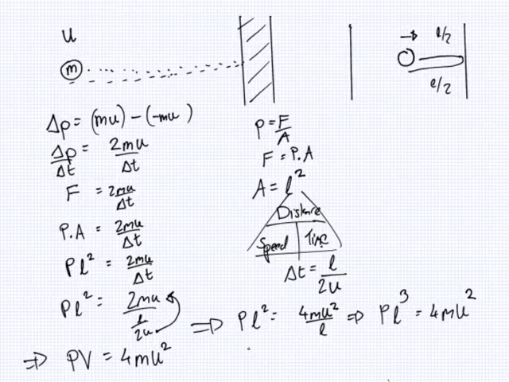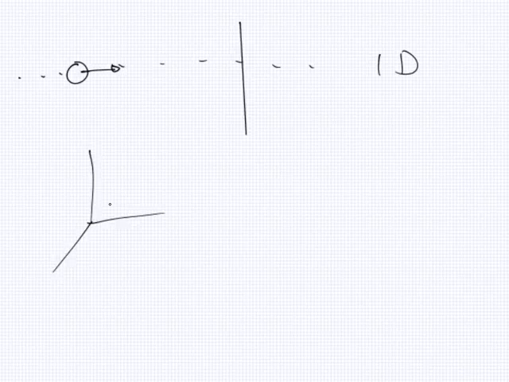A couple of small changes, or something else to consider. In our picture, we imagine that the particle was traveling in one dimension, just goes to the wall and comes back. But in reality, it's traveling in 3 dimensions. If I imagine it traveling in 3 dimensions with speed u, it has 3 components: one this way, one this way, and one this way.